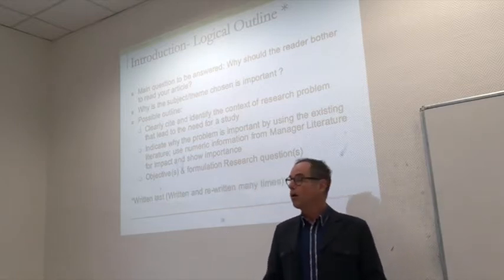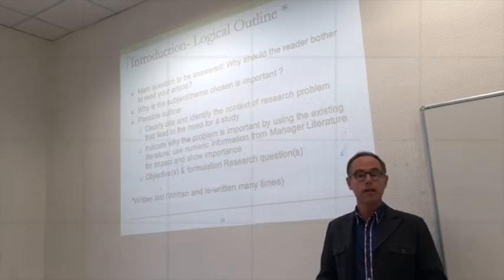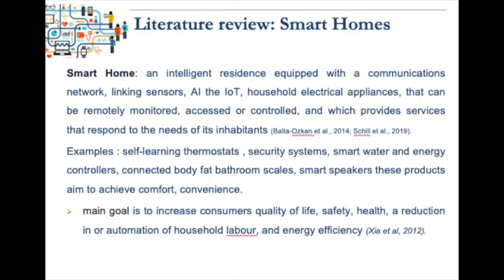At the same time, you should give the first definition of your relevant concepts. For example, you give the definition of a smart home. Here, a smart home is an intelligent residence equipped with a communications network linking sensors, artificial intelligence, the IoT, household electrical appliances that can be remotely monitored, accessed or controlled, and which provides services that respond to the needs of its inhabitants.